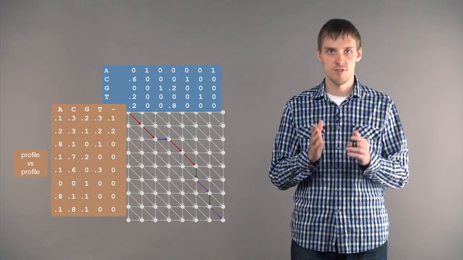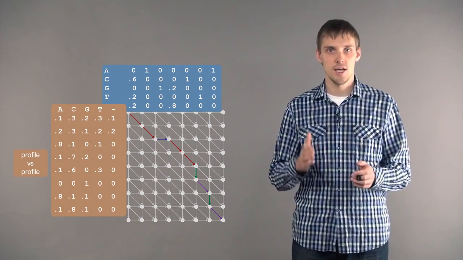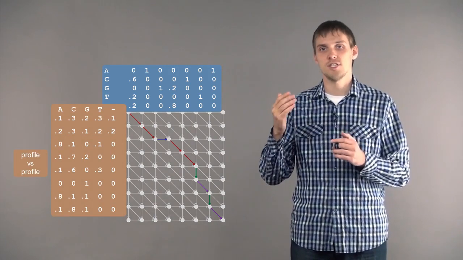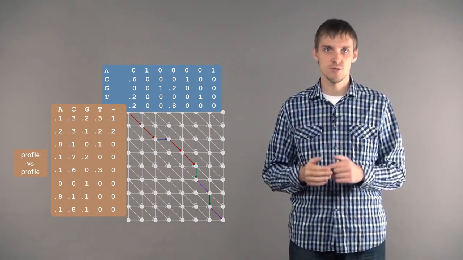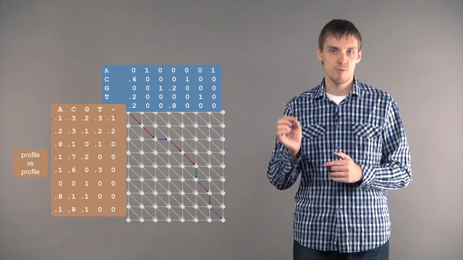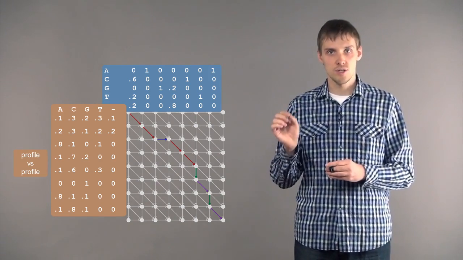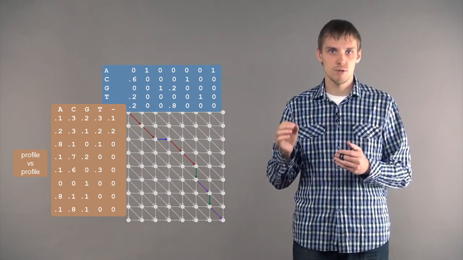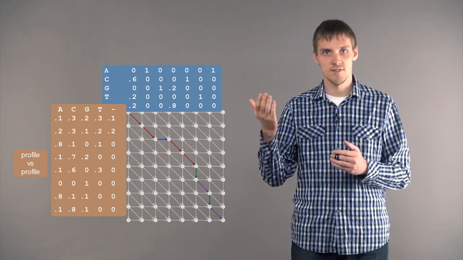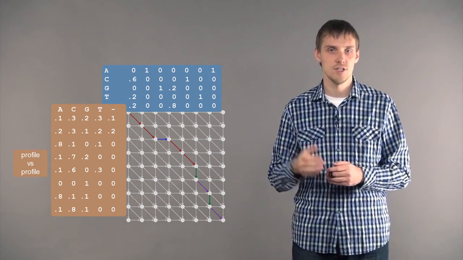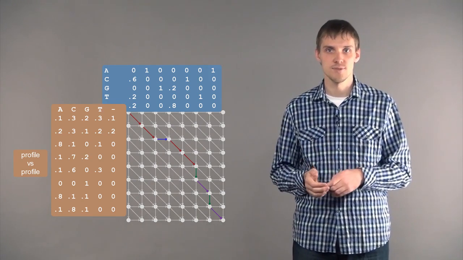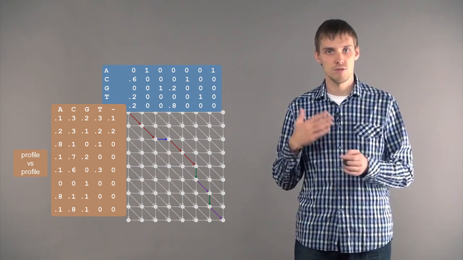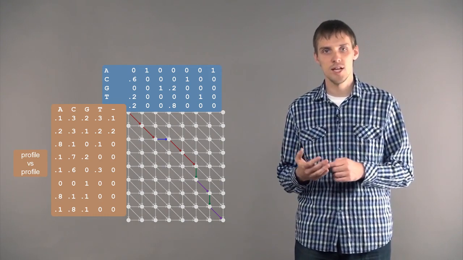Also, you can use a profile as the second sequence, and you can align these 2 profiles in a very similar way to how you aligned 2 sequences with each other. But for the scoring function, you also need to consider probabilities to have a certain letter in a certain sequence at a certain place. So how can we use this fact to find multiple alignment?